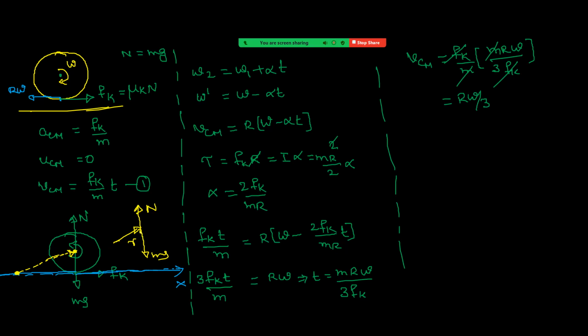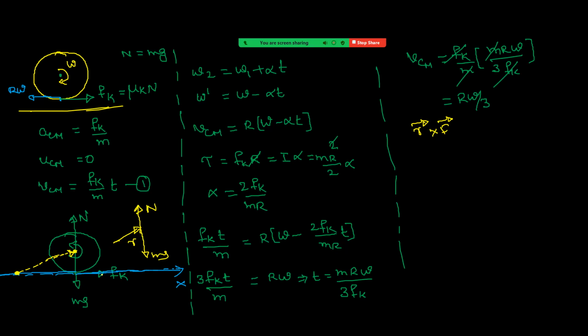For both, R bar is the same. And N and mg, both values are the same, directions opposite. So when you take R bar cross F bar, R bar is the same, F bar values are the same, directions opposite. That means the torque due to the normal reaction is balanced by the torque due to the gravitational force. Okay. Now the remaining is the frictional force. And this frictional force is passing through this point, right?